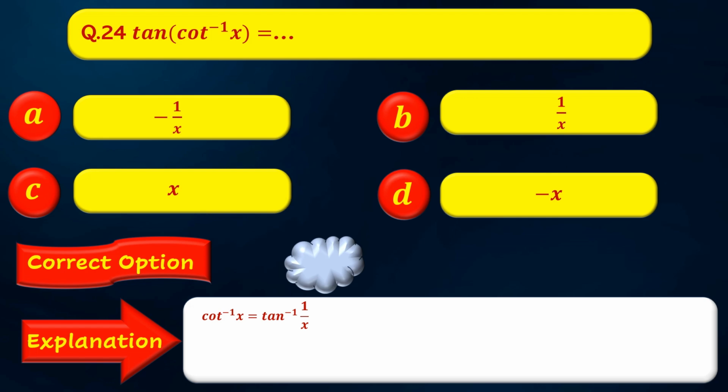So we can write tangent of cotangent inverse x is equal to tangent of tangent inverse 1 over x. Here cotangent inverse x has been replaced by tan inverse 1 over x. Now tan and tan inverse x will cancel the effect of each other, and we get tangent of cotangent inverse x is equal to 1 over x. Therefore, correct option is option B.